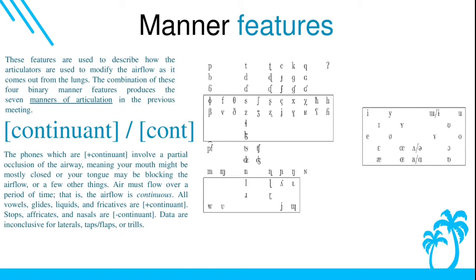That is, the airflow is continuous. All vowels, glides, liquids, and fricatives are plus continuant. Stops, affricates, and nasals are minus continuant. Taps, flaps, and trills are inconclusive.